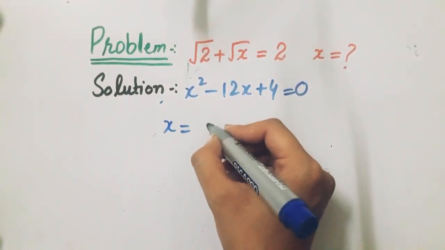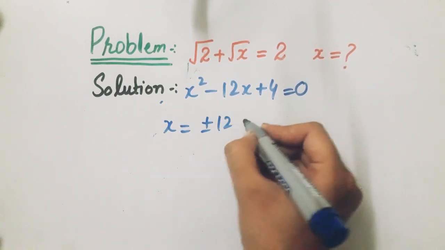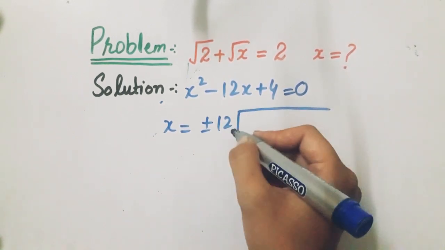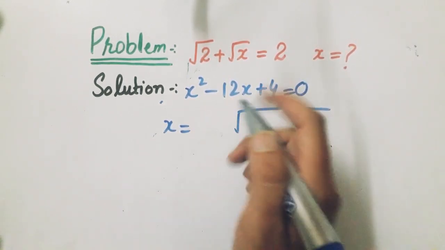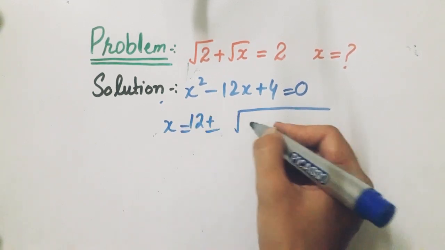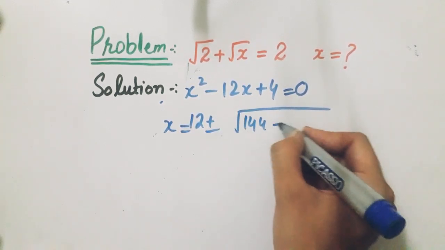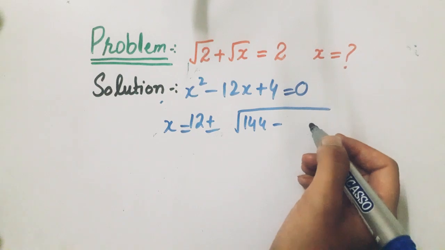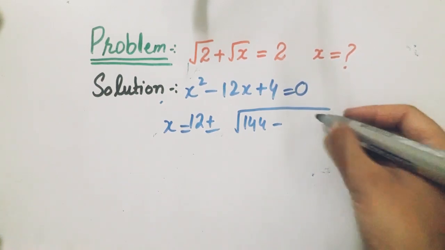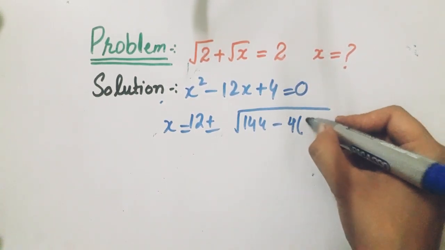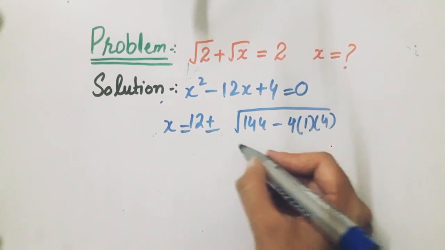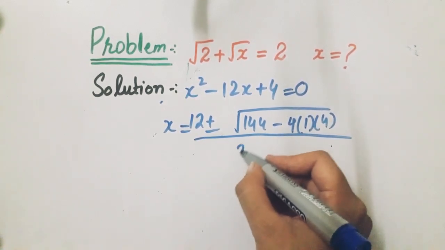According to that, x equals minus b, that is plus 12, plus minus square root of b square, that is 144, minus 4ac, which means 4 into a is 1 and c is 4, divided by 2a, which means 2.